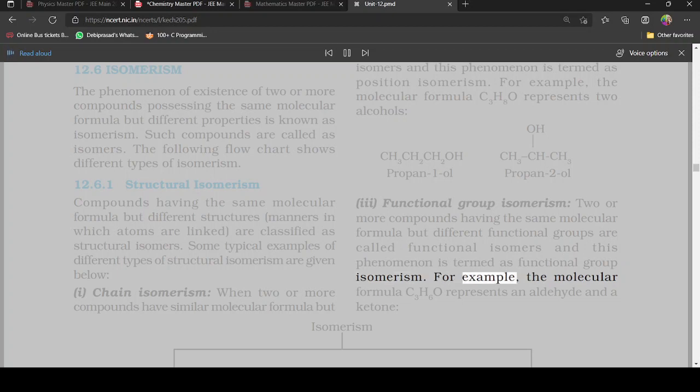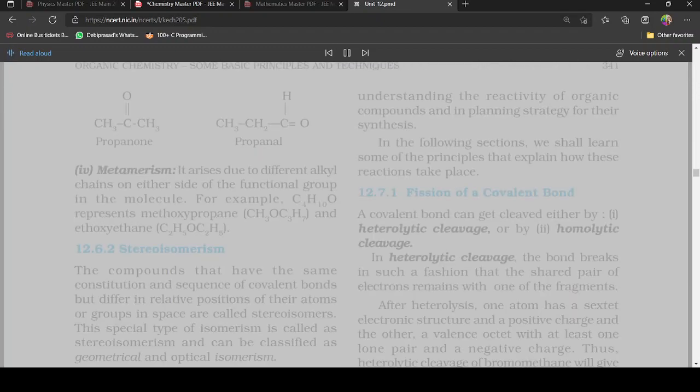For example, the molecular formula C3H6O represents an aldehyde and a ketone: CH3CH2CHO, propanal, and CH3COCH3, propanone.